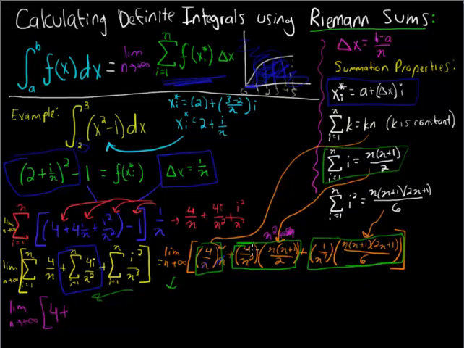The n squareds cancel out when they go to infinity, because infinity squared is a lot larger than just infinity, which is why we get rid of the n. And there's also a 2 over here, so that's also in the denominator. So 4 over 2n squared, but there's also n squared, so the n squareds cancel out. So you're left with the ratio of 4 over 2, which is just 2.